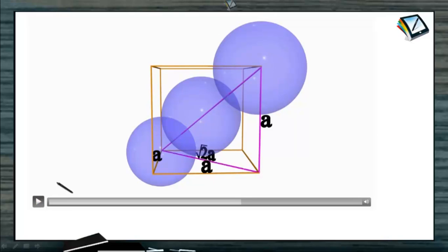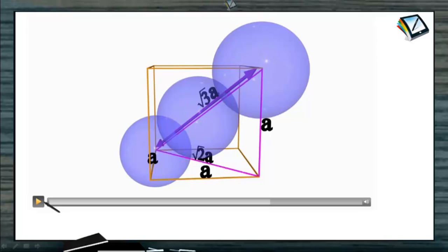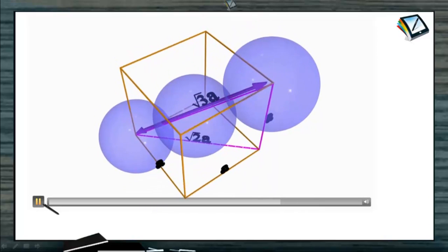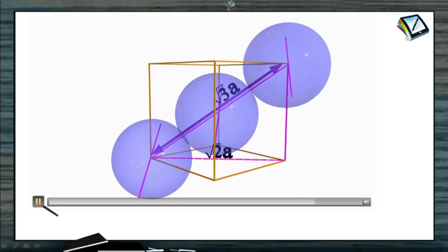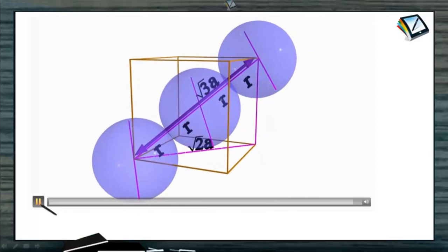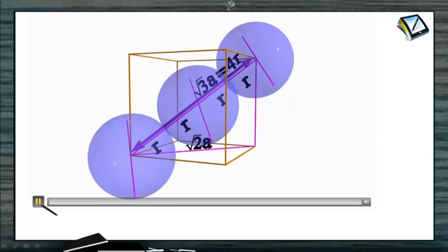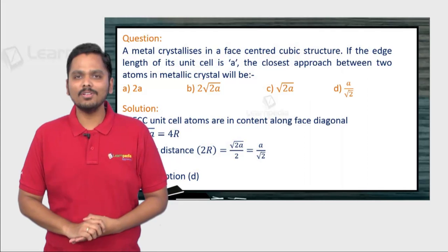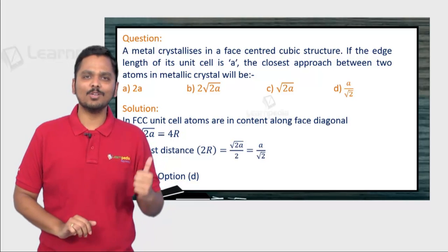The triangle has two sides, one is edge length A and another one is face diagonal root 2 A. According to Pythagoras, the diagonal would be root 3 A. This root 3 A is equal to 4R, four times the radius of the atoms. So the neighboring distance between the two atoms is root 3 A by 2, that you can see here. I hope you can now answer the question. Take a look at the solution now.